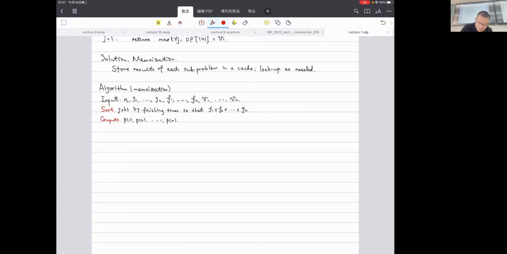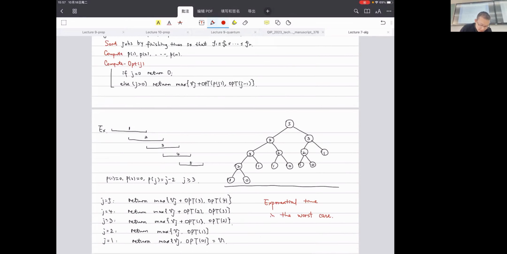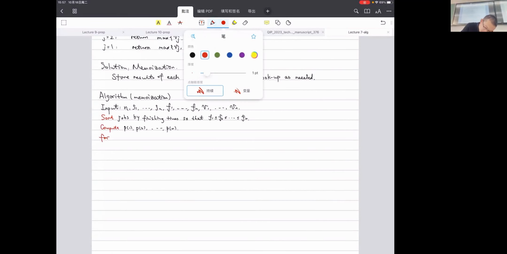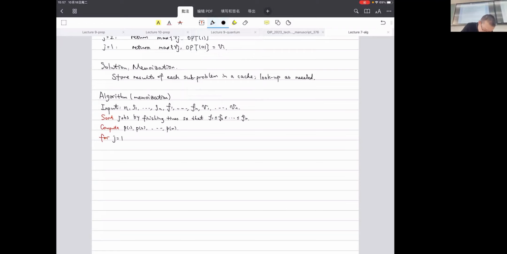The next thing that is going to be different is that instead of brute-forcefully computing all the recurrence here, we can maintain a table. So for j from 1 to n, we initialize Mj to be empty.